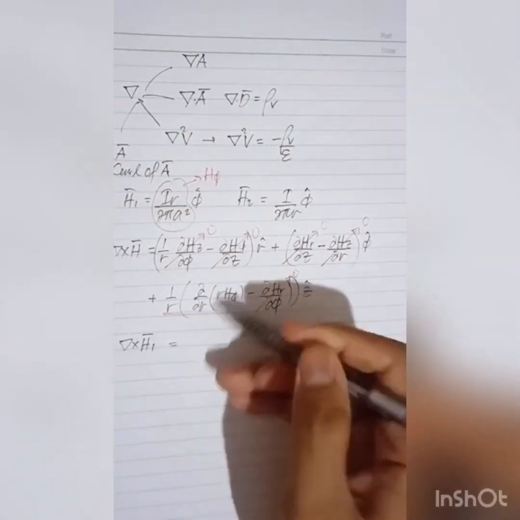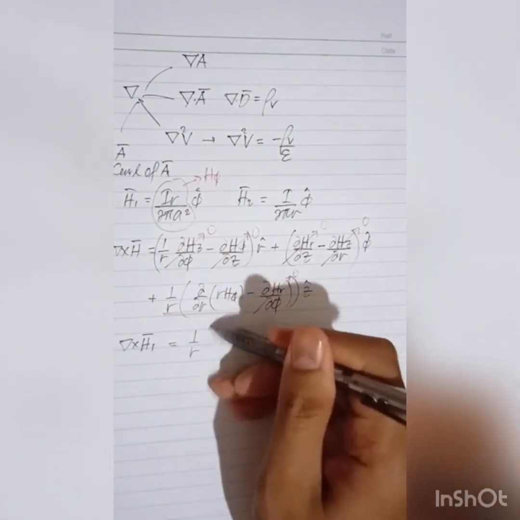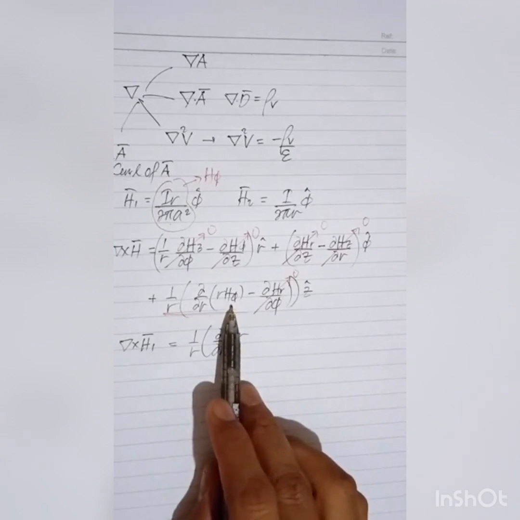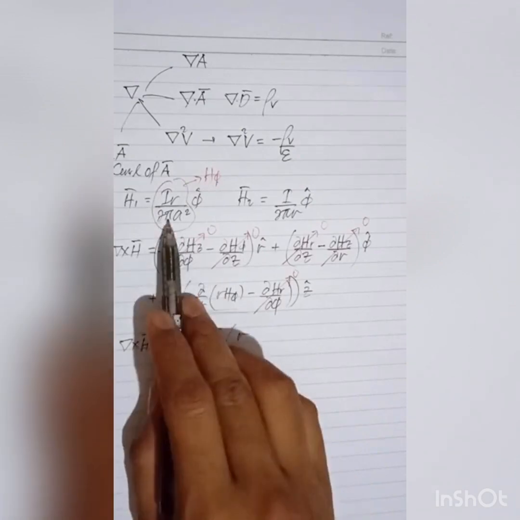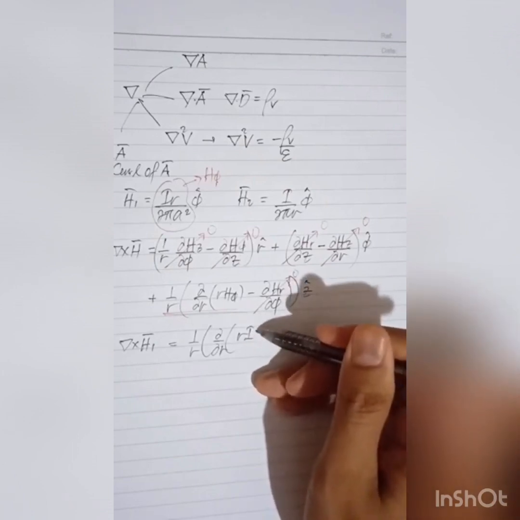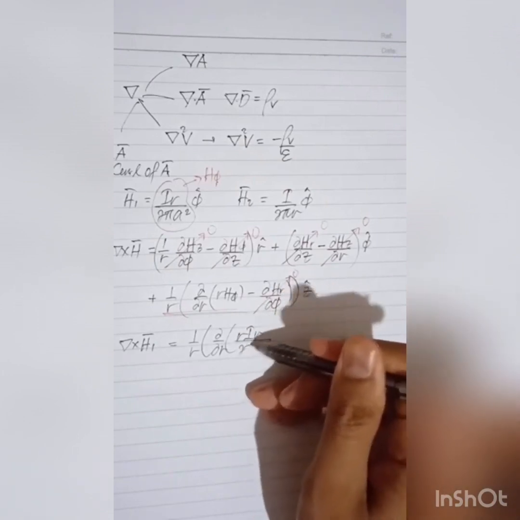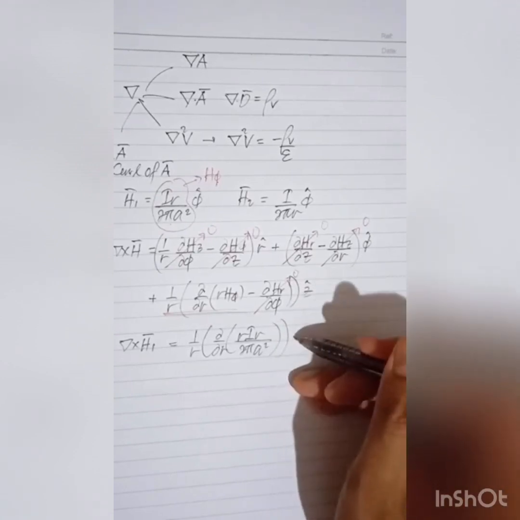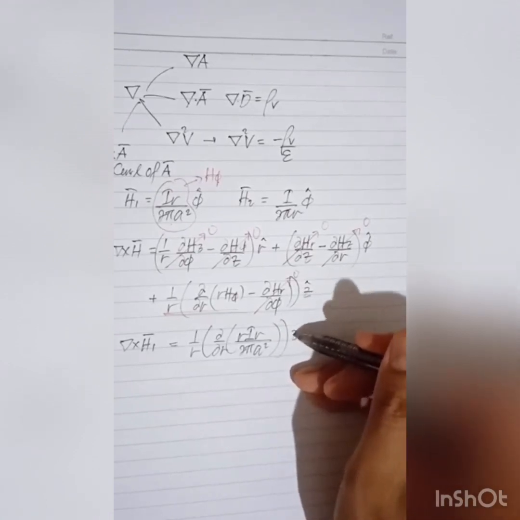So now let's focus only on this left term down there. It is equal to 1 over r, d over dr of r, and let's put the H phi from H number 1 here, which is I r over 2 pi a squared, in the z direction.